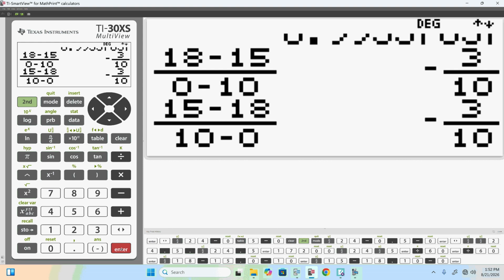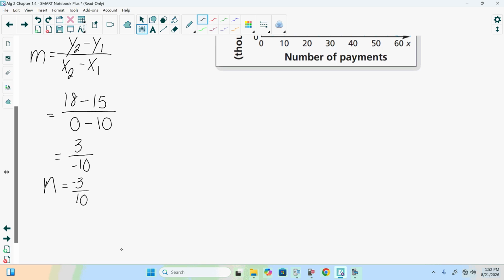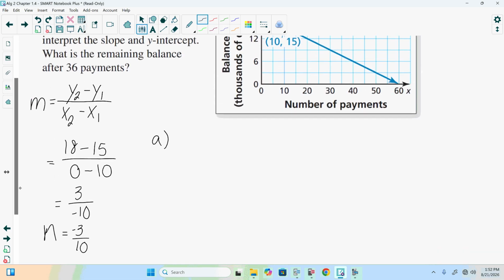So we know the slope is negative 3/10. Questions on how we found slope?